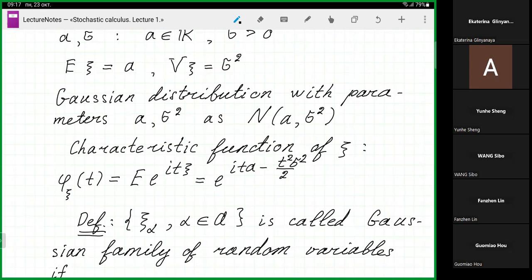So if we are able to check that the characteristic function of our linear combination has this kind of form, then we will say that we have proved our statement. The linear combination has a Gaussian distribution.